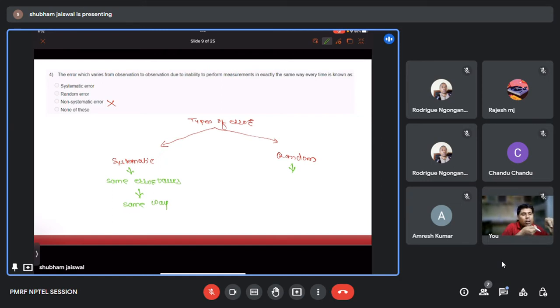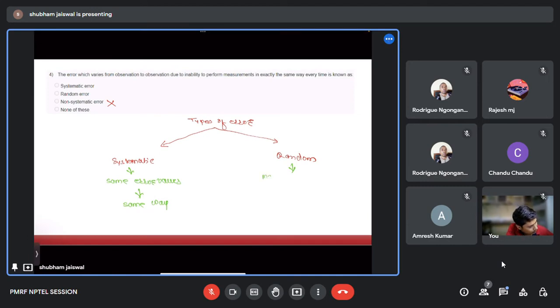After some time I will get bored and will not do the proper measurement, so I will not be able to carry out the measurement exactly the same way as before. That will produce the random error. So the error will be different in every case.